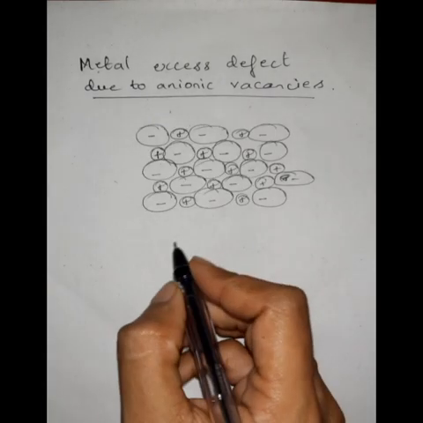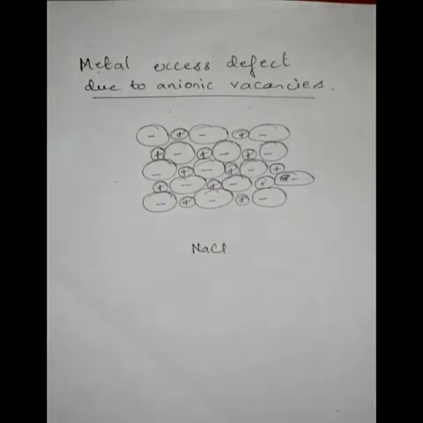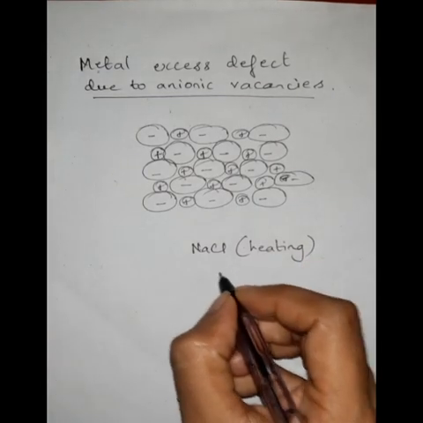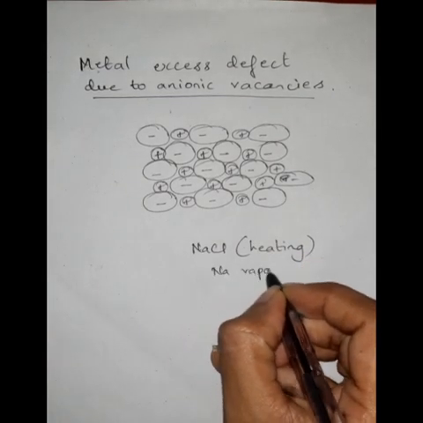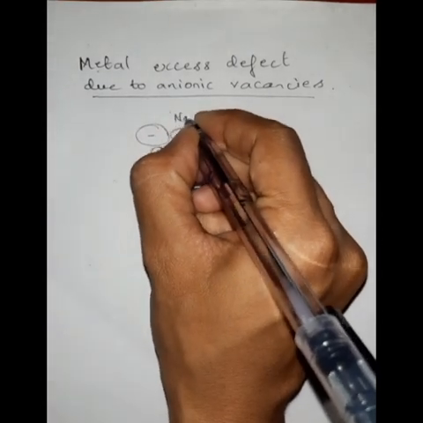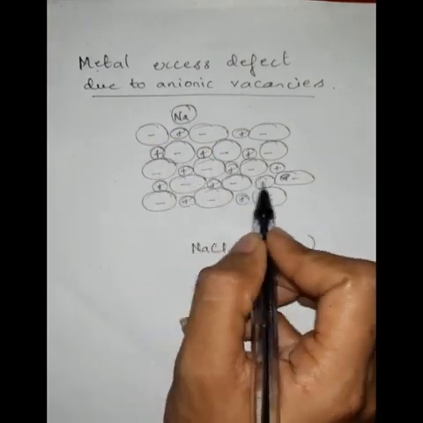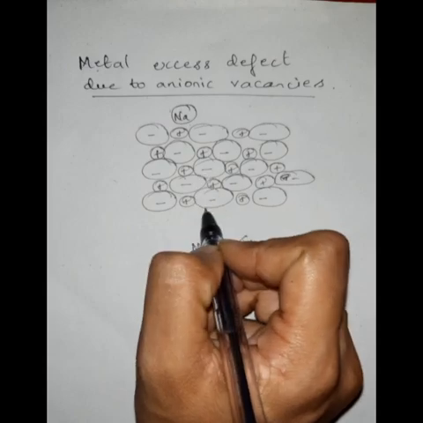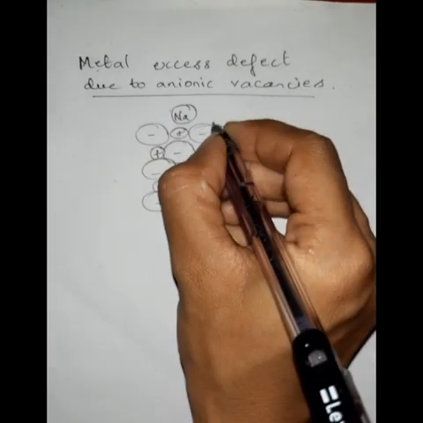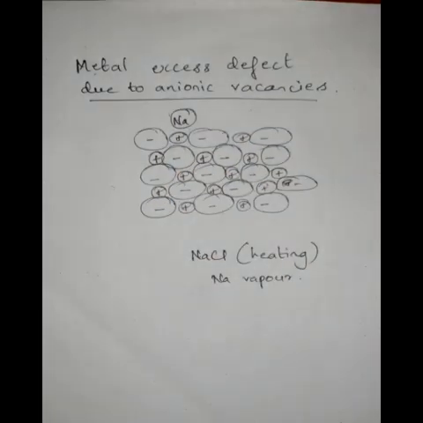If this is a crystal of NaCl, and I'm heating this crystal in the presence of sodium vapor, these positive charges are Na+ ions, and negative charges are Cl- ions.